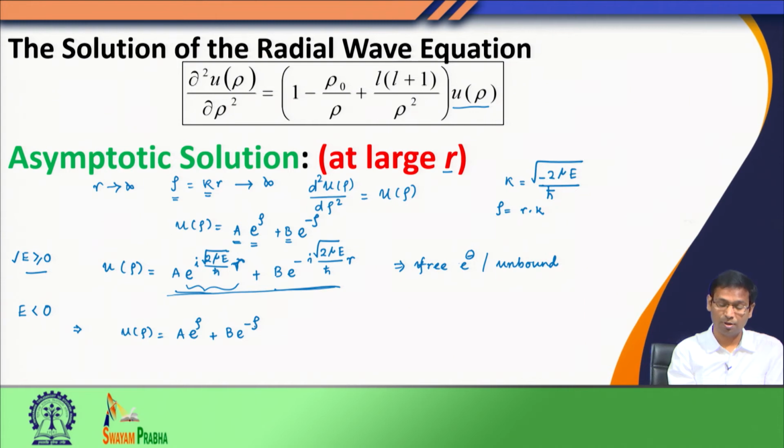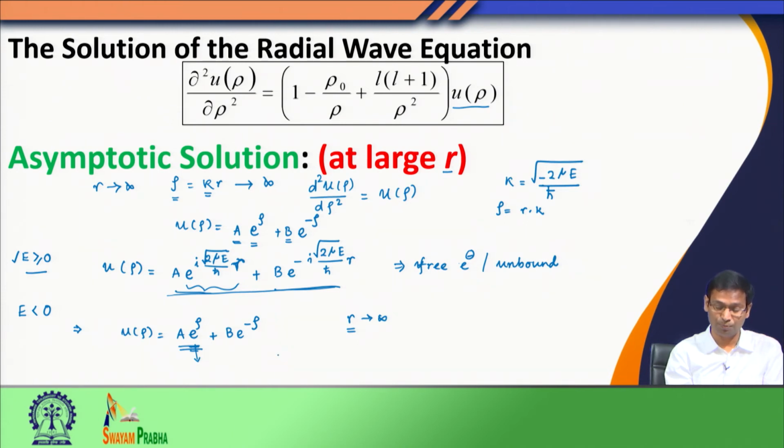Here rho is now real, and when r goes to infinity, rho also goes to infinity, and since this is a real quantity, unlike the earlier case where it was imaginary, the nice thing about an imaginary function is that even at r equals infinity, it will remain finite. But since rho is now real, when I have a large value of rho, this function will diverge. This function will become infinite. So, I cannot have this as a solution to my wave function.